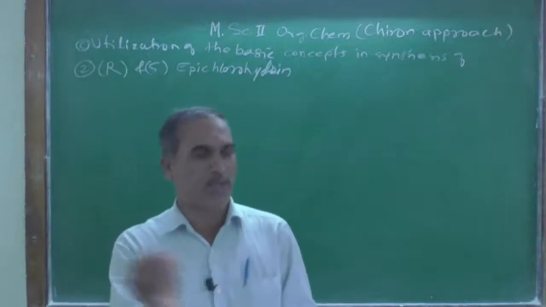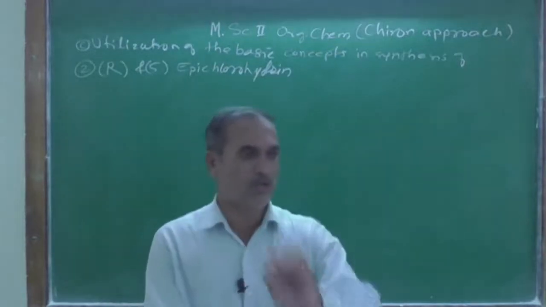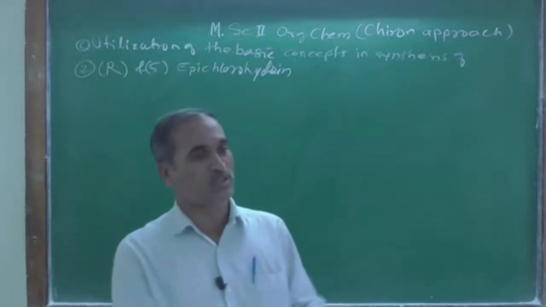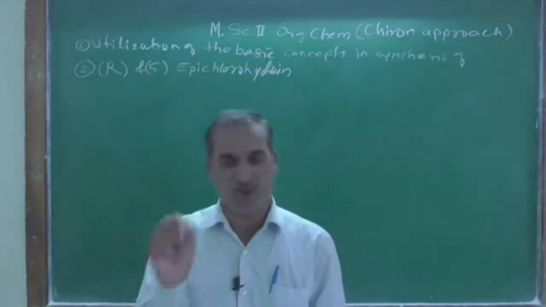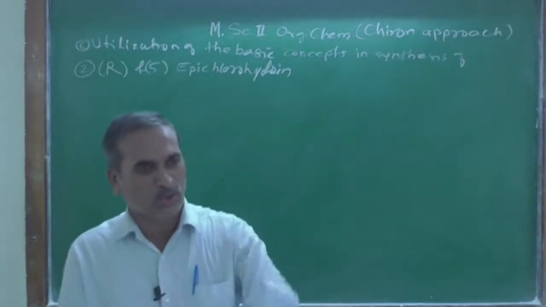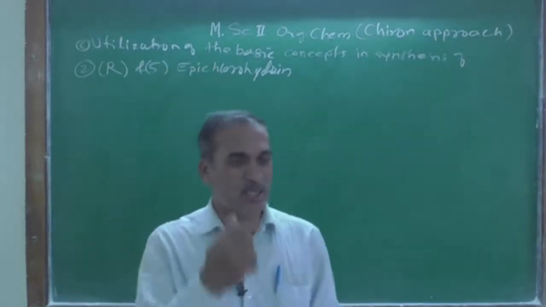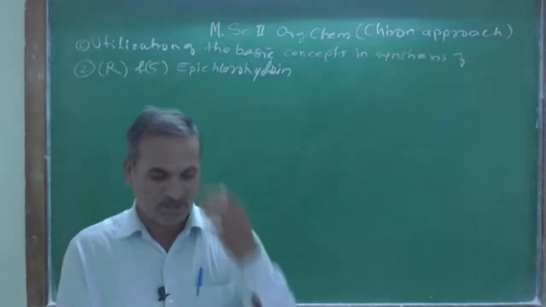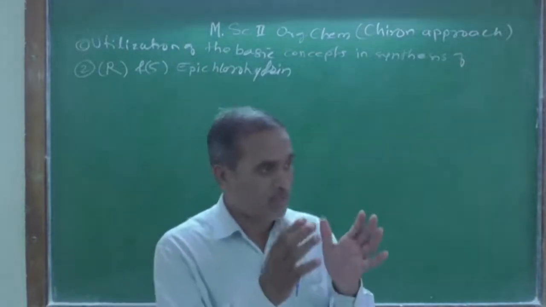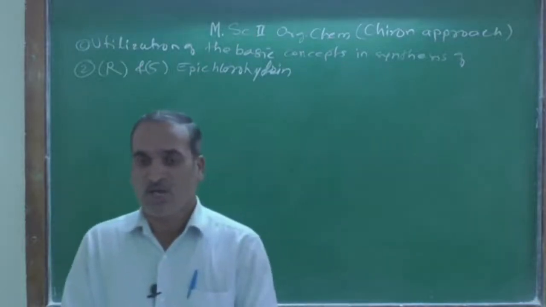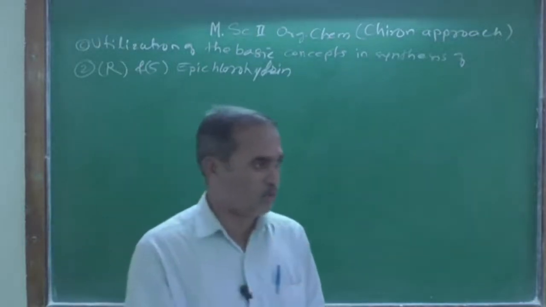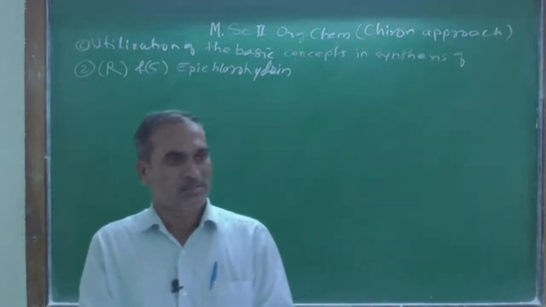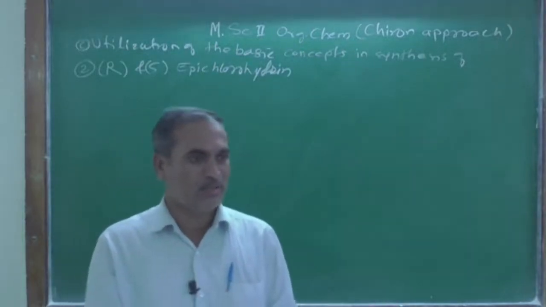Before that, let me tell you the names of those 6 target molecules. Number 1 is S-propanediol. Number 2 is R-S epichlorohydrin. Number 3 is multistatin, number 4 is L plus alanine.